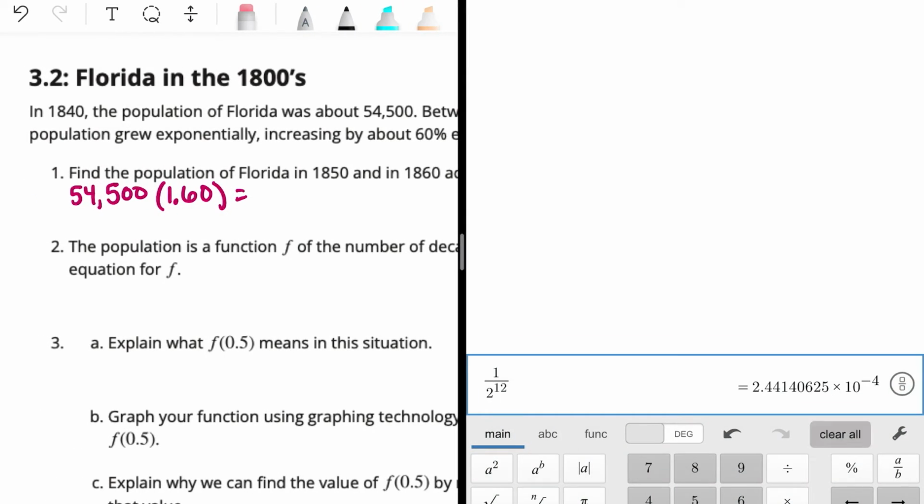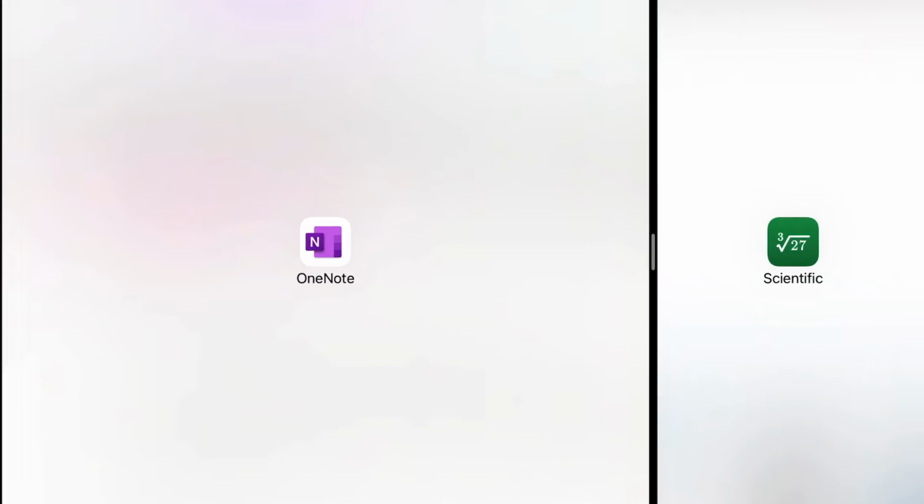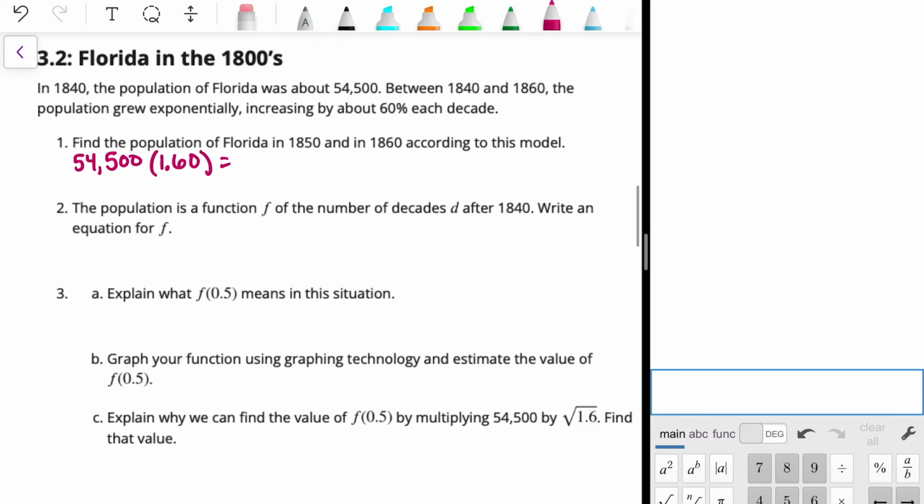So we have 54,500, and we're going to multiply by 1.6 because it's growing by 60%. So in 1850, there should have been 87,200 people.